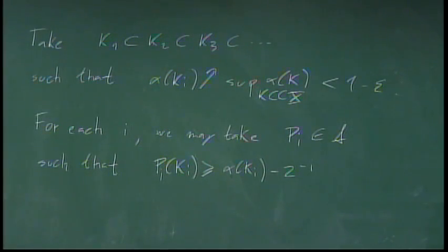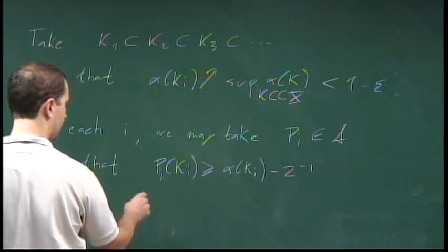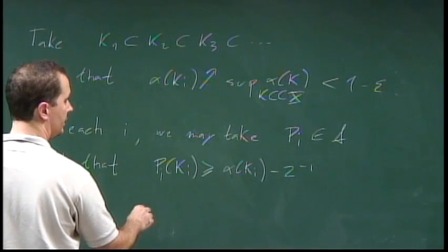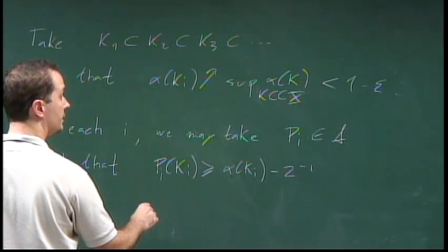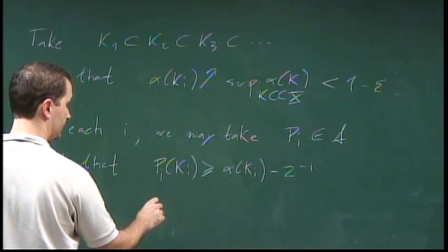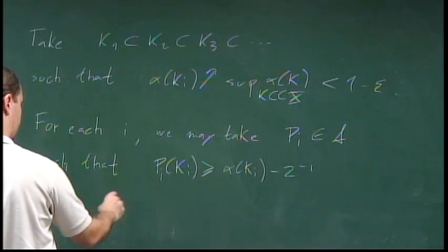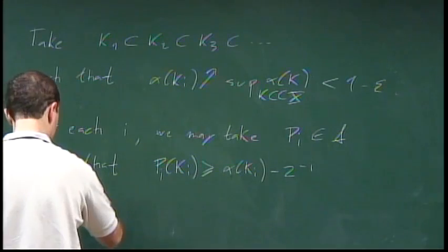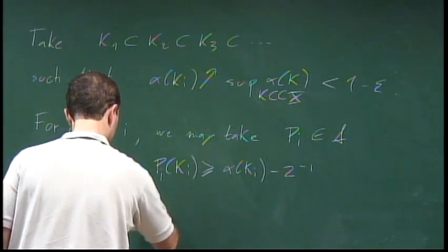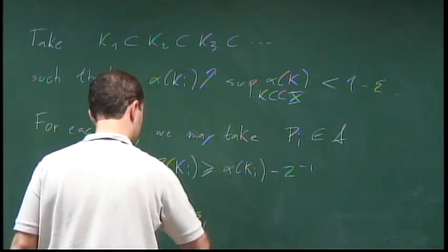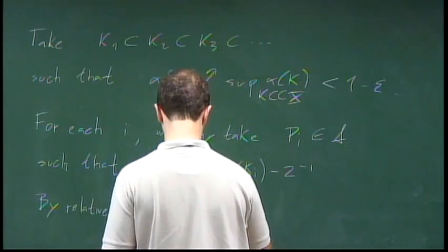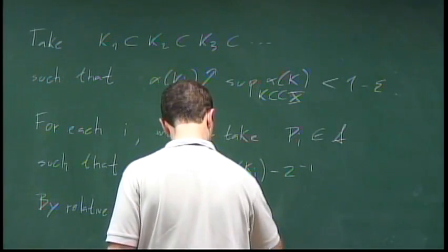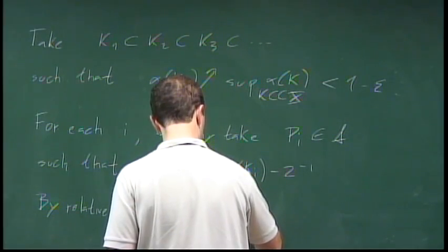It's a nested sequence, okay, fine. And so now by relative compactness, I have that P has a convergent subsequence.